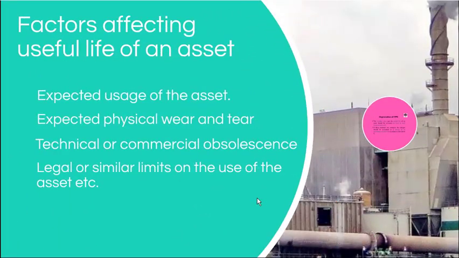Next, we'll see the factors that determine the useful life of an asset. The useful life of an asset to a business organization mainly depends on some factors. For example, the expected use of the asset.